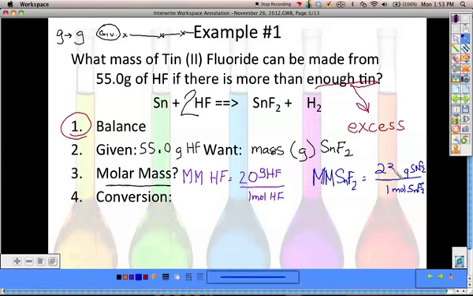Sounds good. 236. Sounds good. Did anybody else get that? One tin plus 2 fluorines.